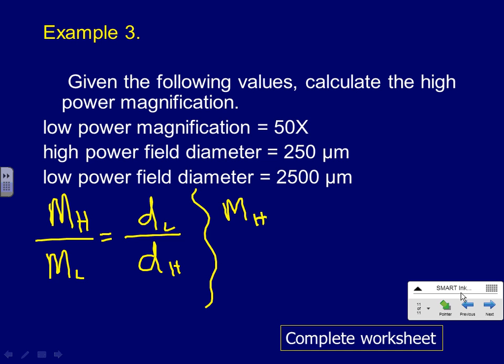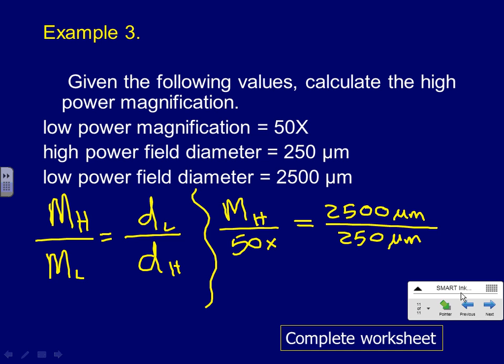So MH is what we want to find. ML, the lower magnification, 50 times. DL, the low power field, 2,500 micrometers. DH, the high power field, 250 micrometers.